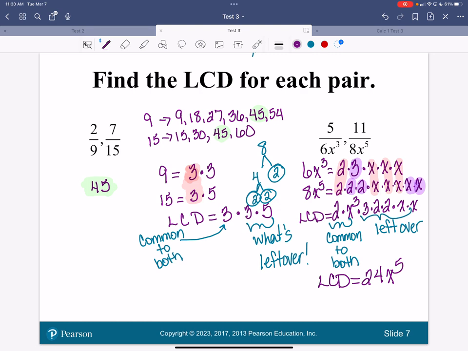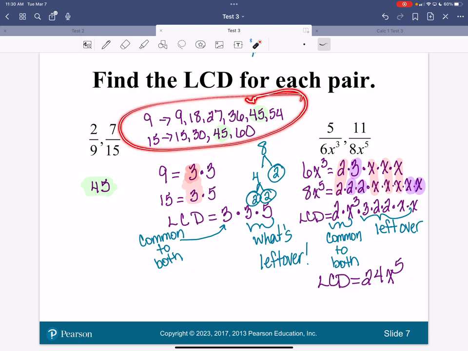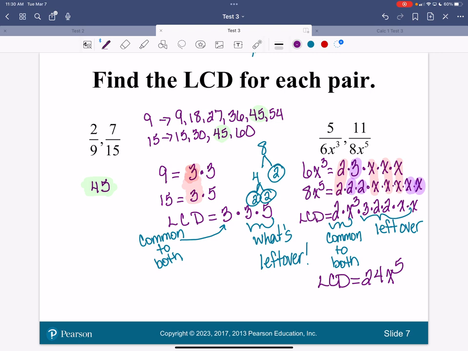Okay, now let's talk about this for a minute. My least common multiple. So if I had done this with my numbers, 6 and 8, if I had done my least common multiple, I would have had 6, 12, 18, 24, and 30. And then 8 is going to be 8, 16, and 24, and 32.